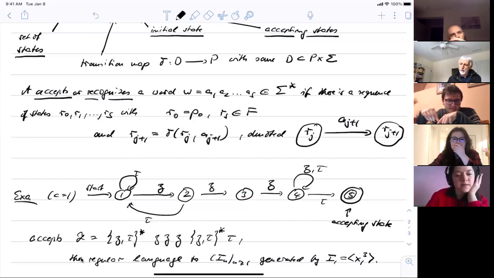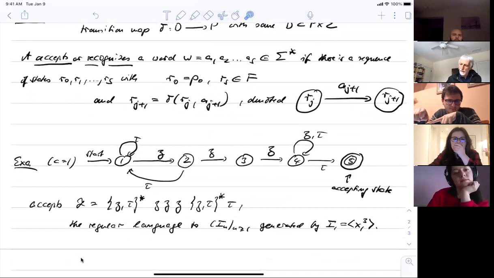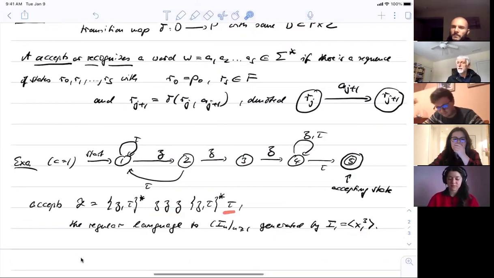That means we need 3 letters zeta for sure, and this is what this string guarantees. And this is in the first ring, so we need at least 1 tau, which we guaranteed here, and then you can multiply and do it. I mean, there are things to be checked, but as I said, I encourage you to do this.